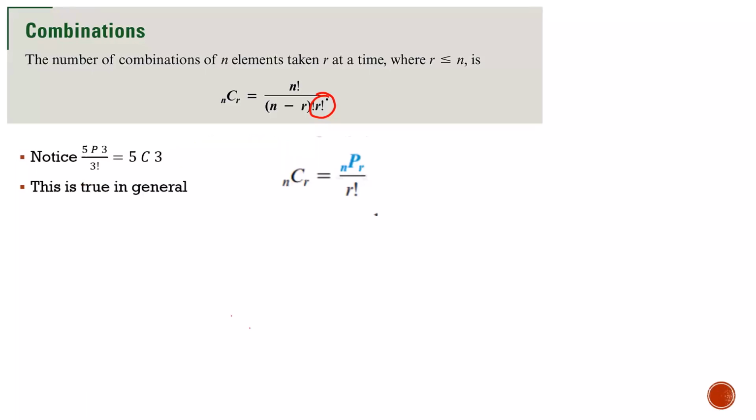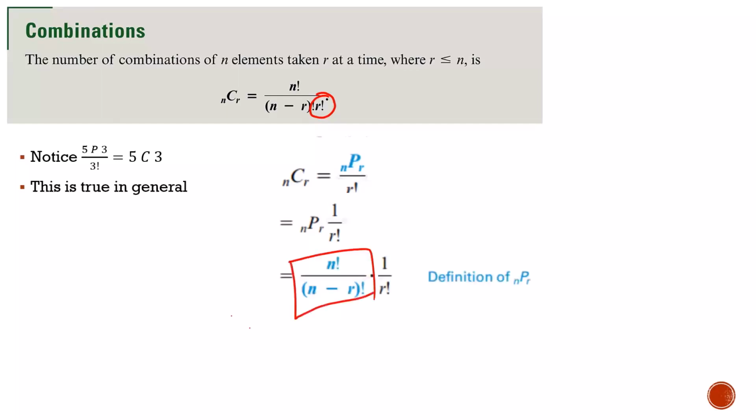nPr, we already had a formula for previously. Well, let's get to that in a second. I can rewrite 3 halves as 3 times 1/2, correct? So I could rewrite this as nPr times 1 over r factorial. nPr, we know, is equal to this. That's something we already found.